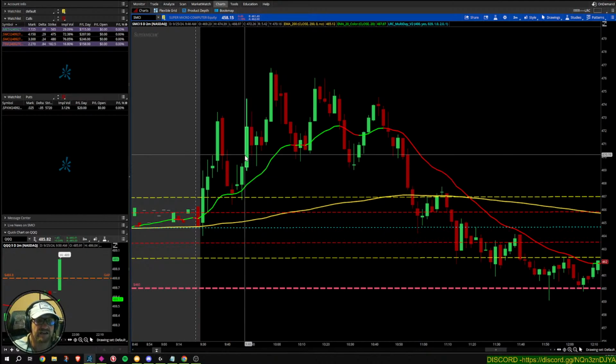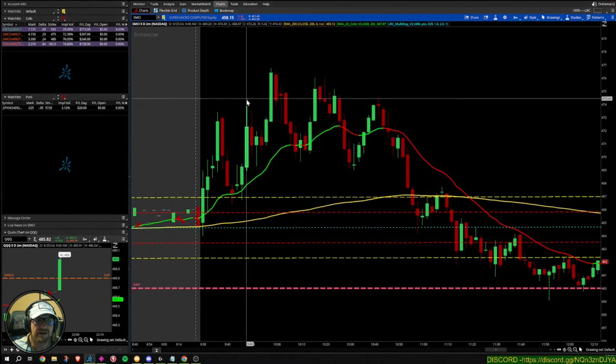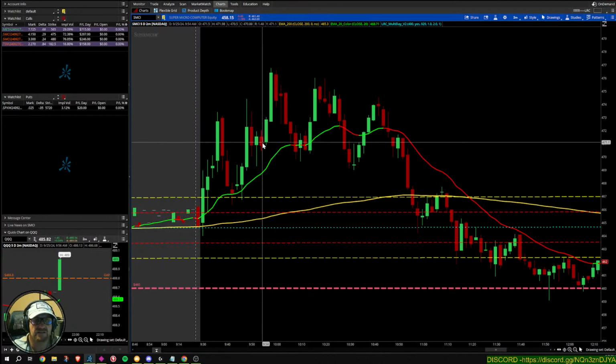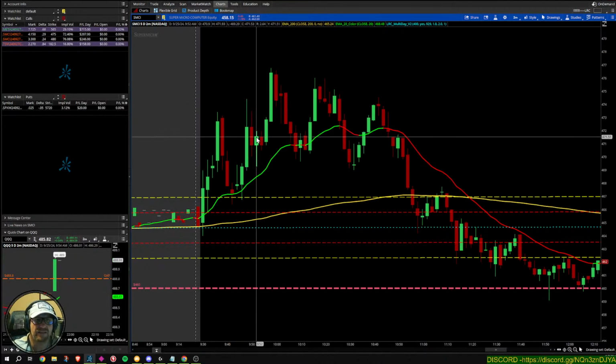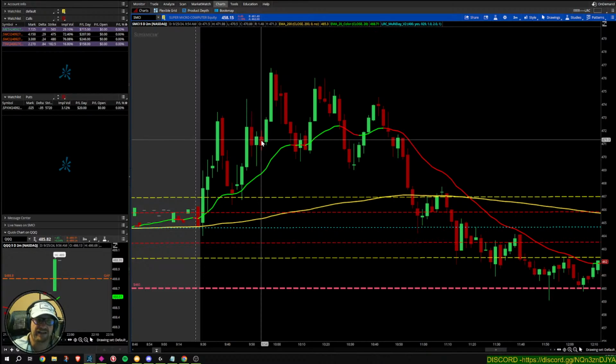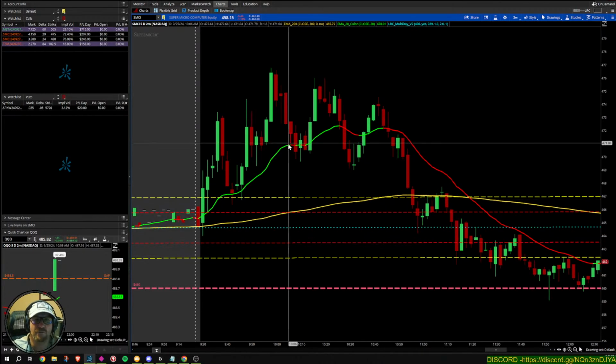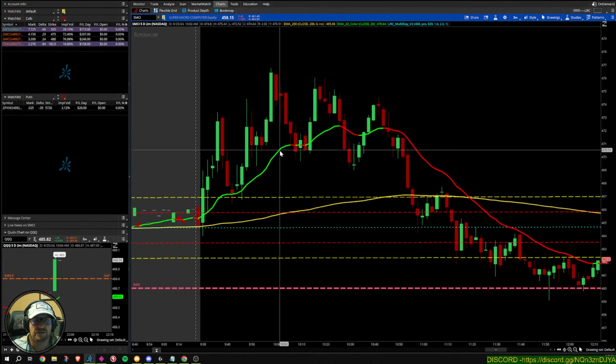So I entered, I went up, I took profit, I scaled out one, came down, I held. I think I exited on this candle right here, and I kind of FOMO'd out because I was kind of far away from the 20.